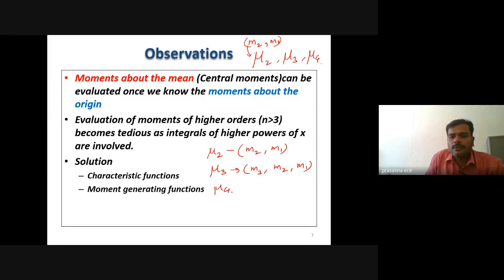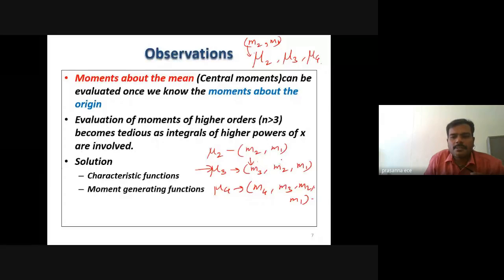For mu4 you will need to know m4, m3, m2, m1. That is what we saw in the case of mu3: the evaluation took into account m3, m2 as well as m1. The evaluation of m3 was the most tedious one, so we had to do a big integration.